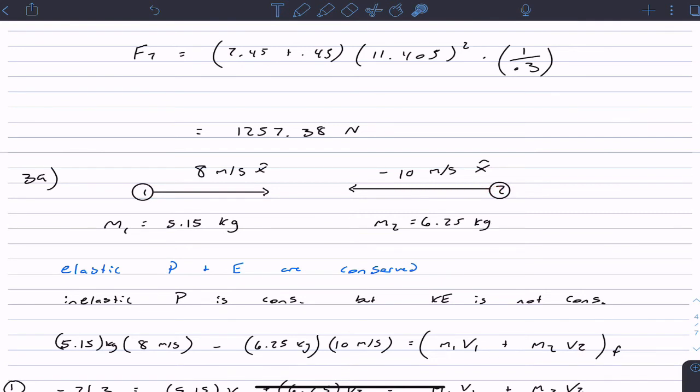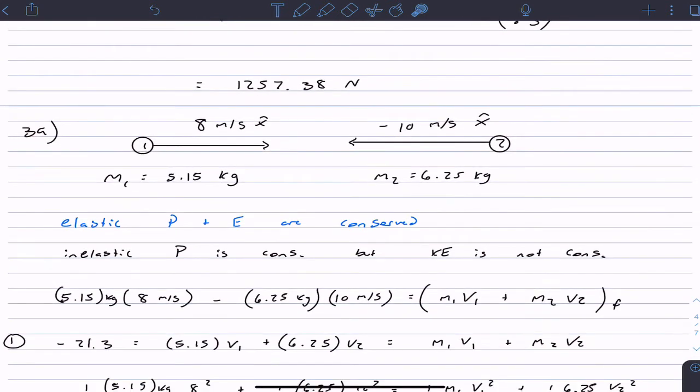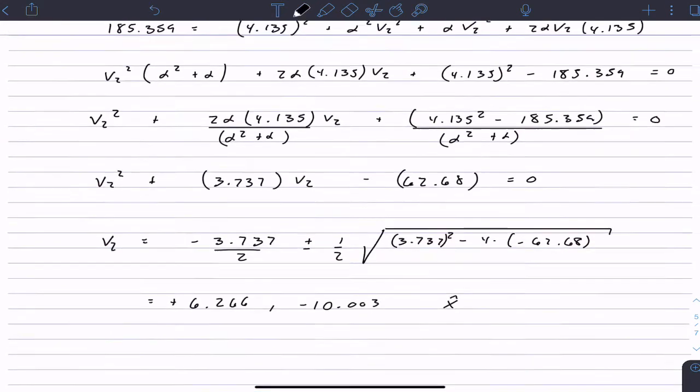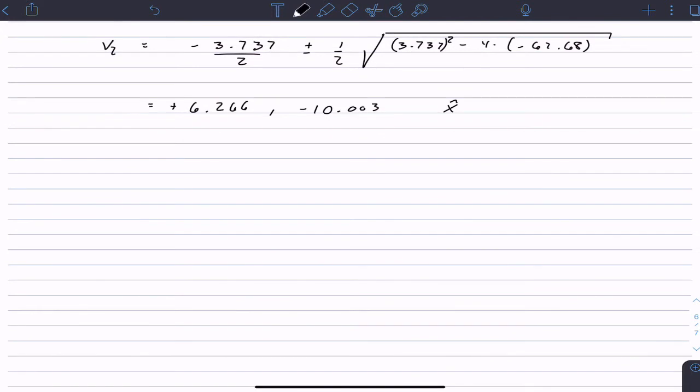So these things collide like billiard balls or something and fly backwards in the opposite direction. So right now I just found velocity for V2, which is this one. So this one is going to be traveling initially in the negative x-hat direction, and then finally in the positive x-hat direction. Okay, so right away I'm going to say that the negative x-hat direction for V2 is wrong, because we know from the diagram it should be traveling in the positive x-hat direction. So V2 is equal to 6.26 x-hat.